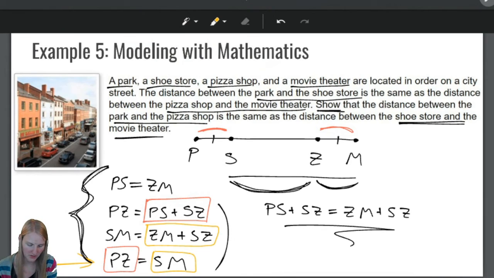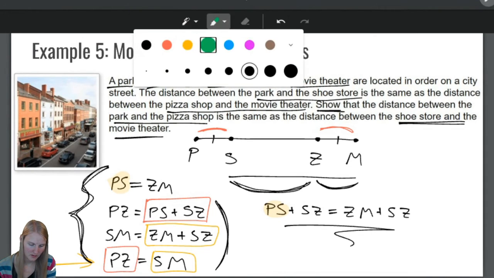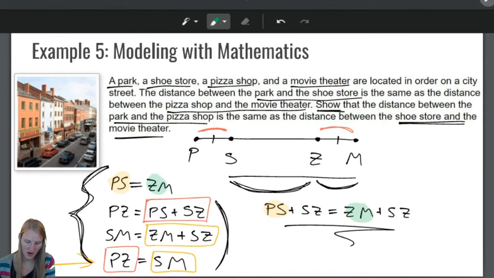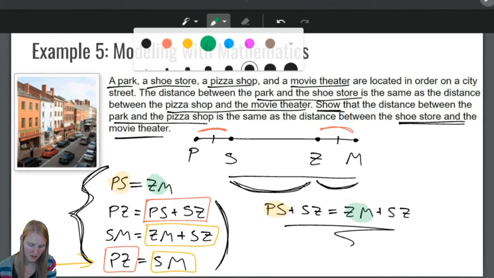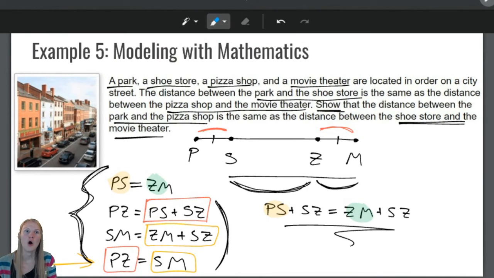I've worked with this stuff quite a bit, but what about this guy? PZ plus ZM. PS is here, I see. And ZM is here, I see. And then, oh, here it is. Okay. And then ZM is on both sides.